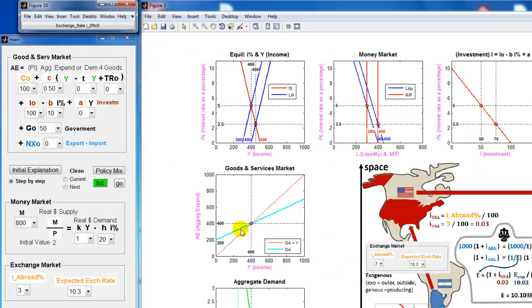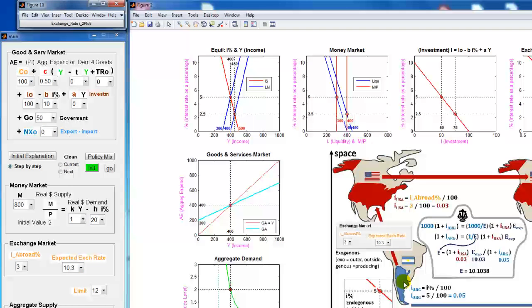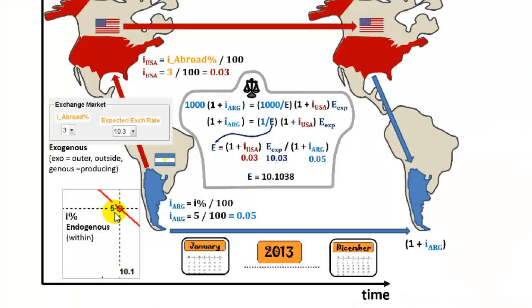If we look at the exchange market panel, we see that the interest rate abroad is 3% and the expected exchange rate is 10.3. In this case, local means Argentina, abroad means United States. And we have the interest rate, which is 5%, and this is an endogenous variable, and this is an exogenous variable.